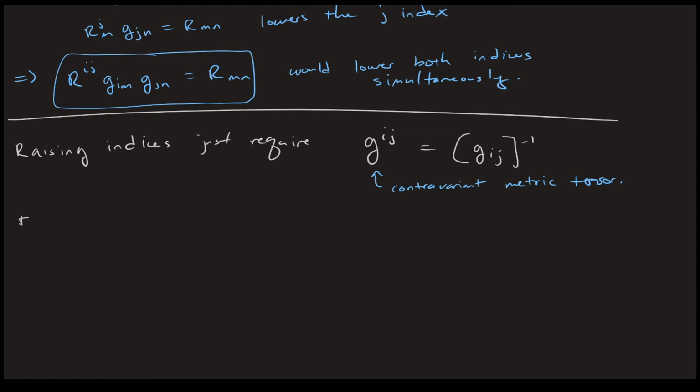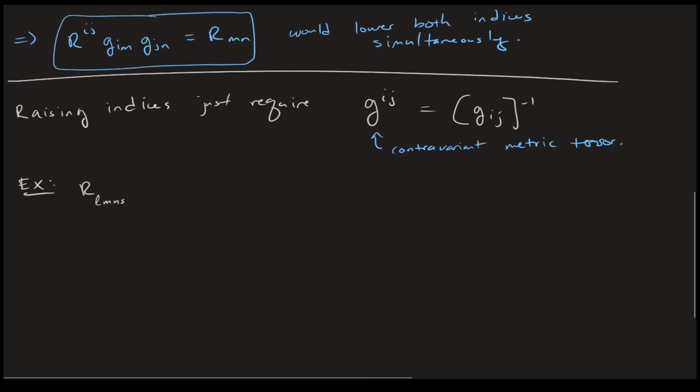For example, say you have R_LMNS, and you multiply R_LMNS by G^LK, and you get R^K_MNS.